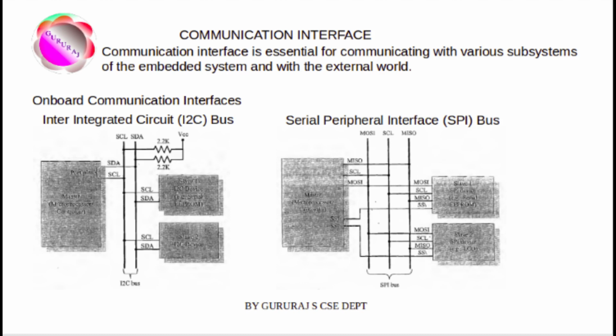The I2C bus comprises two bus lines, serial clock and serial data, SCL and SDA. SCL line is responsible for generating synchronization clock pulses, and SDA is responsible for transmitting the serial data across devices.